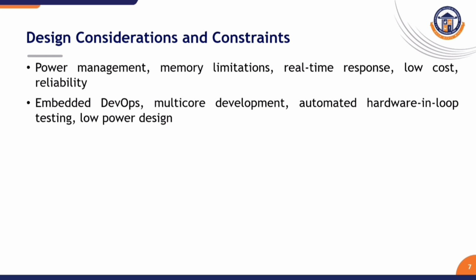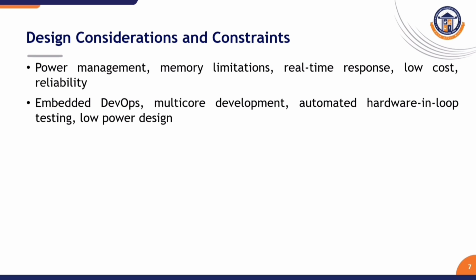We need optimized code and data usage, real-time response which includes meeting strict deadlines, low cost mass production constraints, and reliability. The system should work continuously without failures. And modern embedded development also includes embedded DevOps and multi-core development, automated hardware-in-loop testing, and low power, energy efficient designs to meet the considerations and constraints of the users.